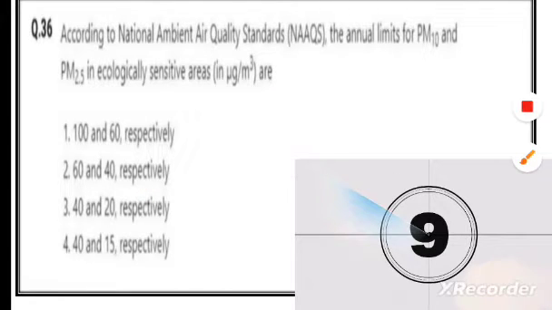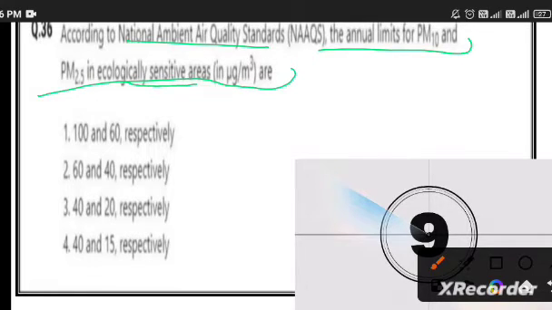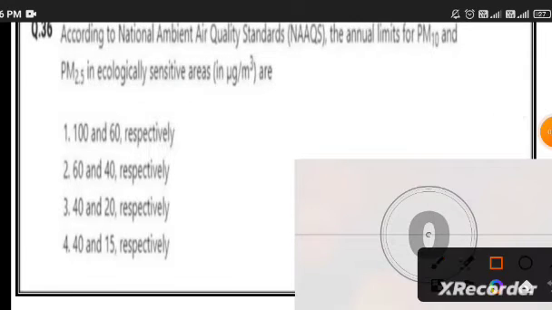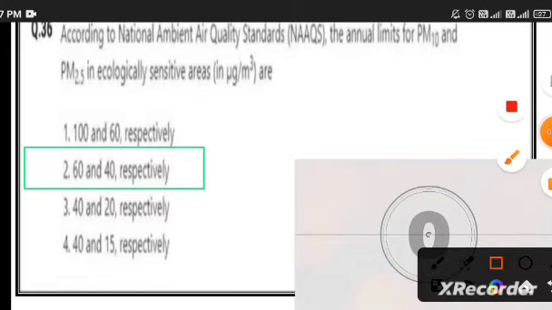Next question is, according to National Ambient Air Quality Standards, the annual limits for particulate matter 10 and particulate matter 2.5 in ecologically sensitive areas are. And here the correct option will be option 2, that is, for particulate matter 10 it is 60 microgram per meter cube, and for particulate matter 2.5 it is 40 microgram per meter cube in ecologically sensitive areas.